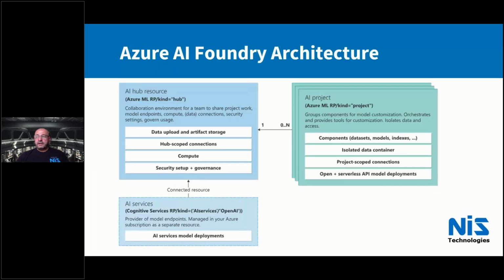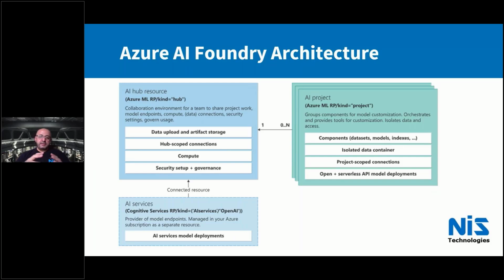So what does this architecture look like? Essentially, I have one hub, and as we see here, one hub has 0 or many projects over on the right-hand side. The hub will contain the data uploaded, the artifact storage, the compute capabilities and quotas, where as we see in the project, it contains the data sets and the models for each individual project.